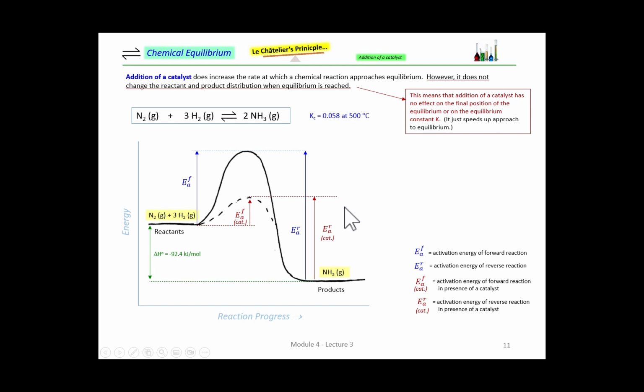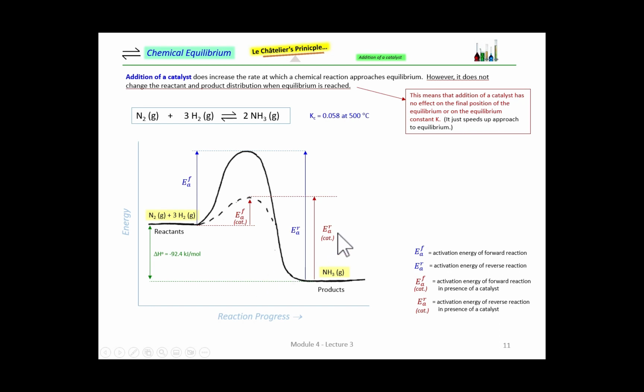However, the actual position of the equilibrium is no different between the uncatalyzed and the catalyzed pathway. In fact, the position of the equilibrium, ultimately the equilibrium constant, actually is related to what's called the free energy change for the reaction. And the free energy change is at least partially calculated from this enthalpy change.